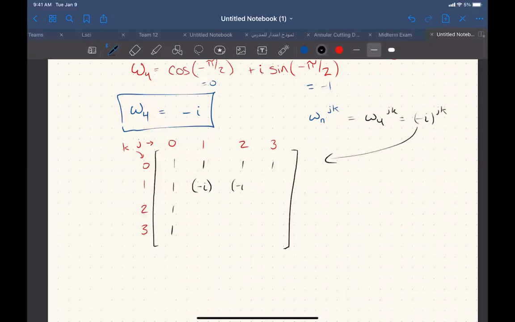Here we have negative i squared. Here we have negative i cubed, negative i squared, negative i to the 4th, negative i to the 6th, negative i cubed, negative i to the 6th, and negative i to the 9th.